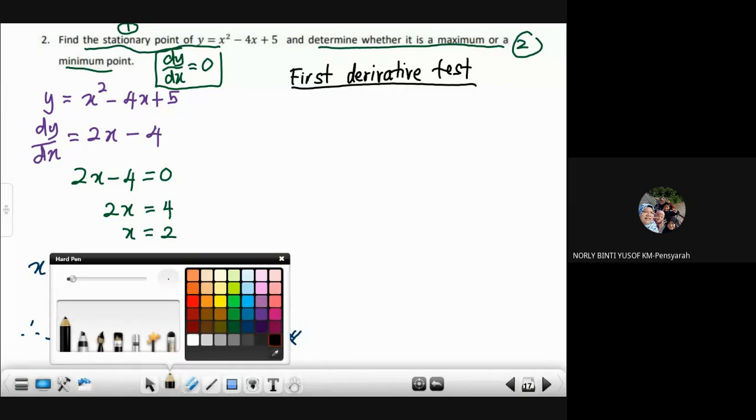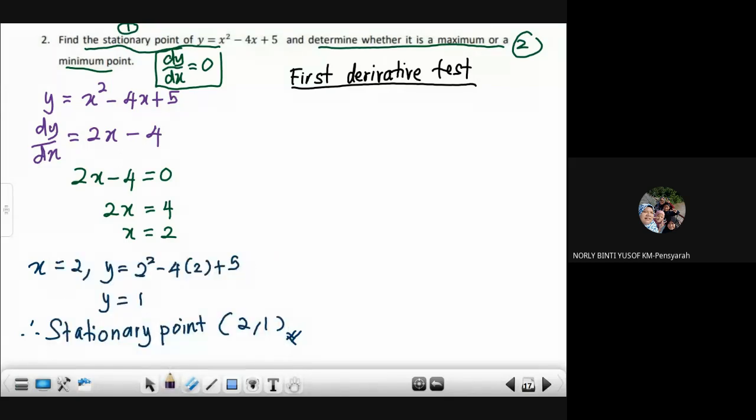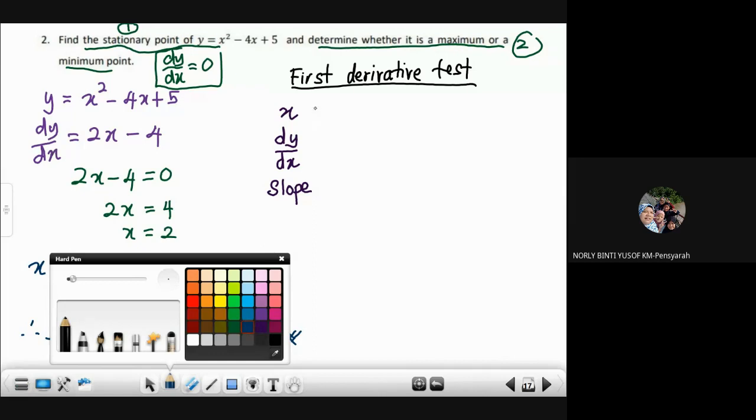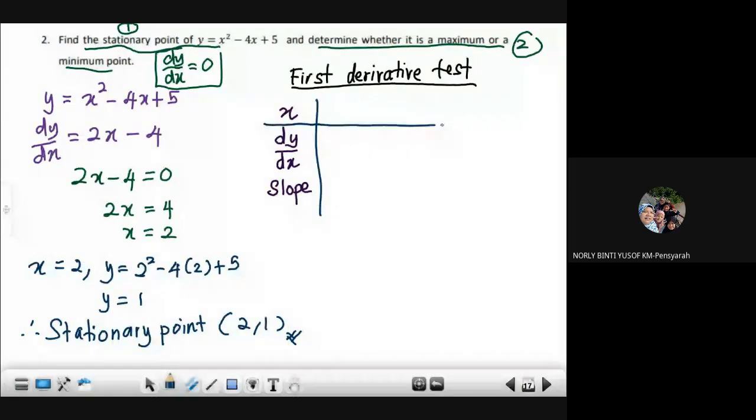You kena buat table berdasarkan point yang you ada. Sekarang you ada 1 point saja iaitu 2. So apa yang kena buat dulu, jadual tu ada 3 lah. Mula-mula x, dy dx, dy dx tu adalah untuk tanda kan. Lepas tu slope. Slope tu adalah gradient. Satu konsep gradient tadi. Slope atau gradient sama. Tapi kita tulis je lah slope.